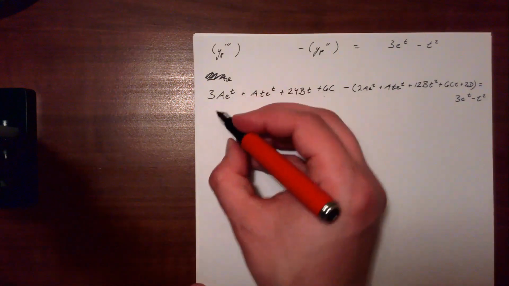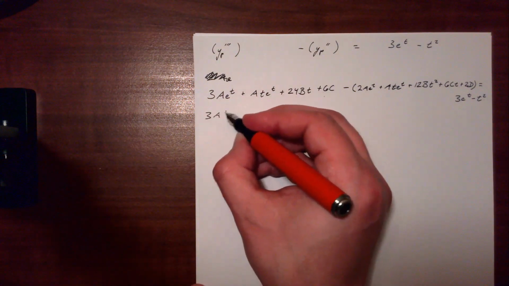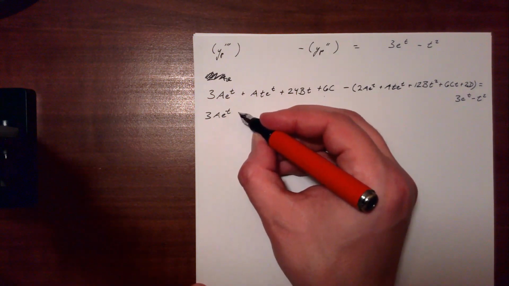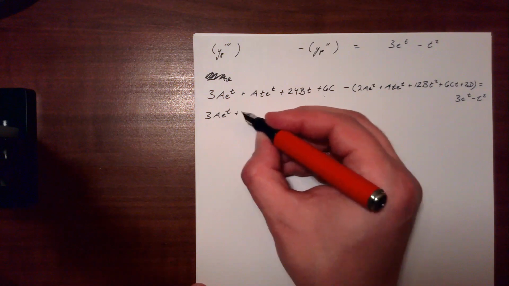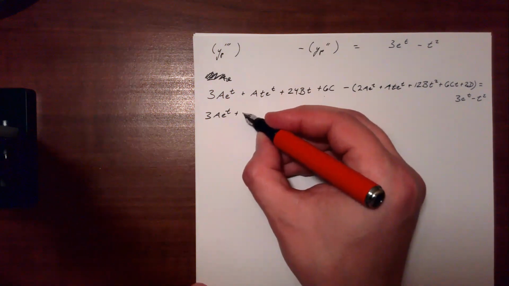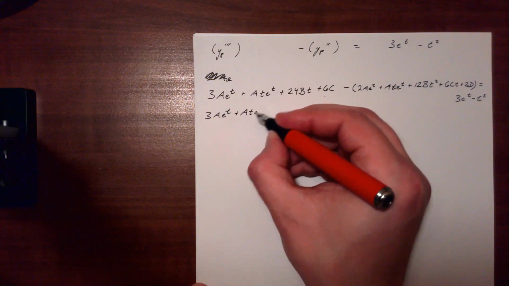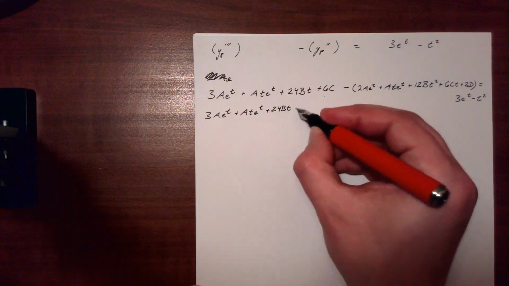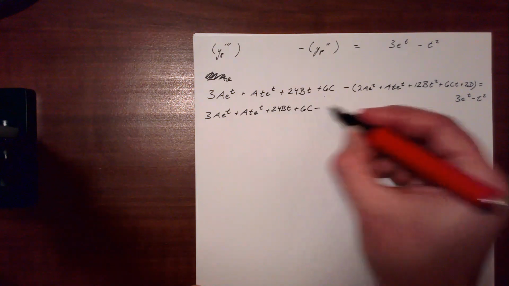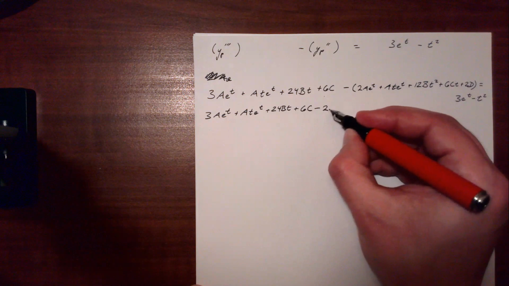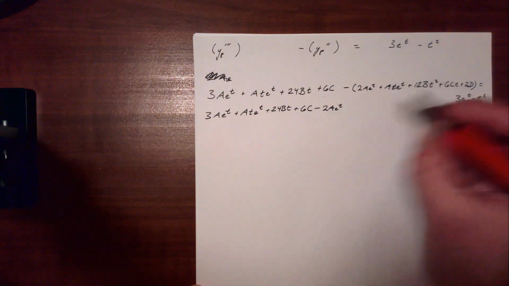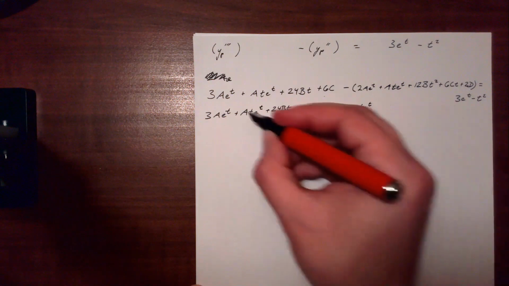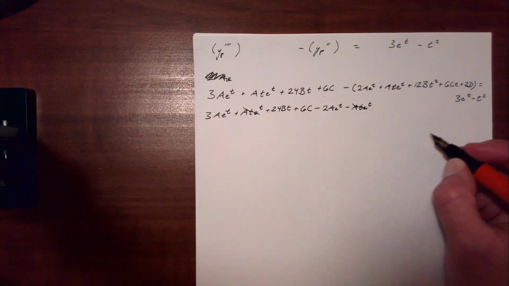Let's just go ahead and multiply this out so that we minimize our chances of making mistakes. 3a e to the t plus a t e to the t plus 24 bt plus 6c, now minus 2a e to the t minus a t e to the t, which you'll notice cancels that, and this will always end up happening.